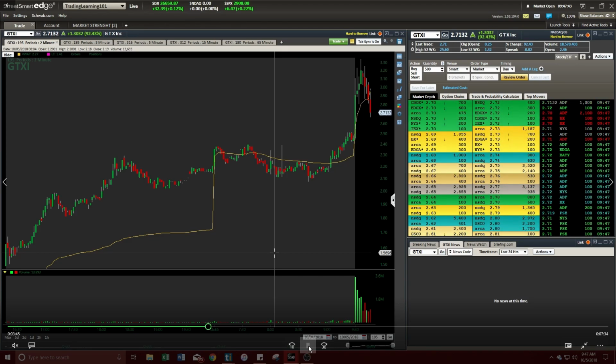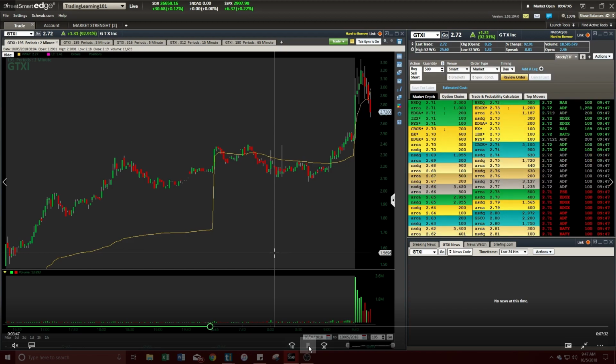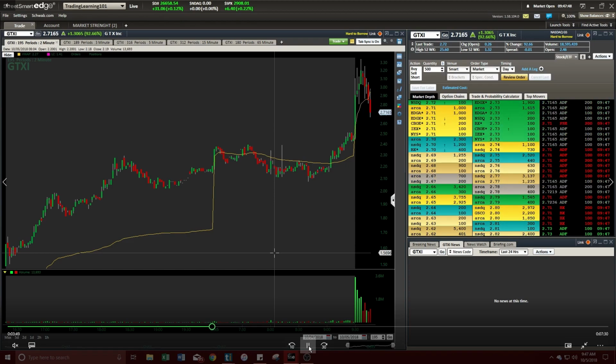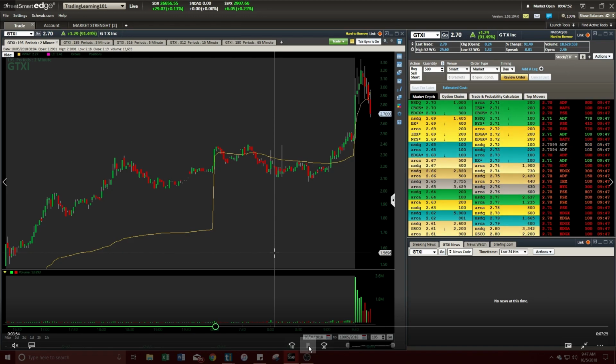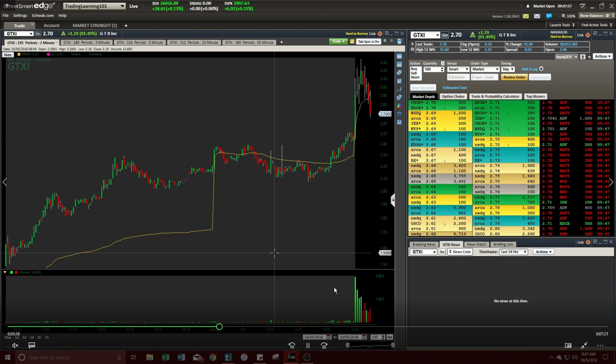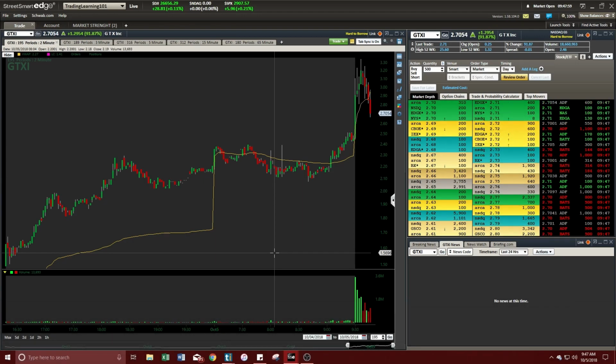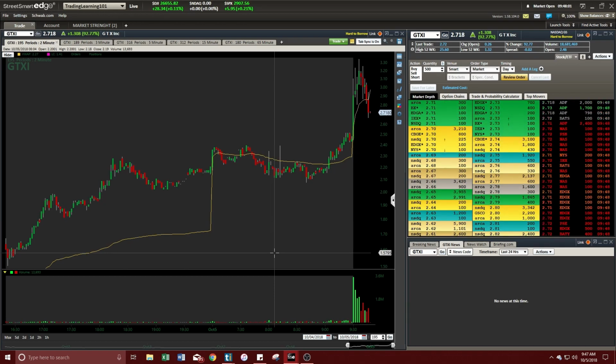This is why they say when you're trying to catch the bottom, it could be like catching a falling knife. Still seeing big selling on the sales. The bid is not stabilizing.